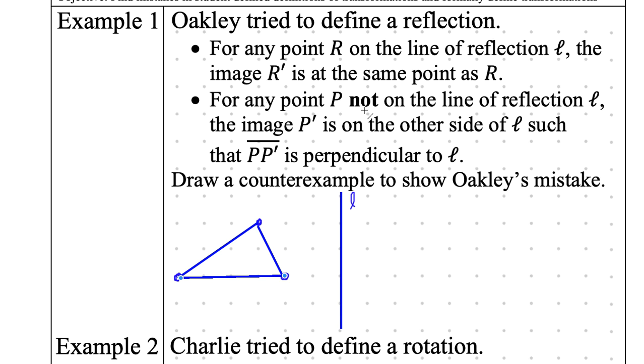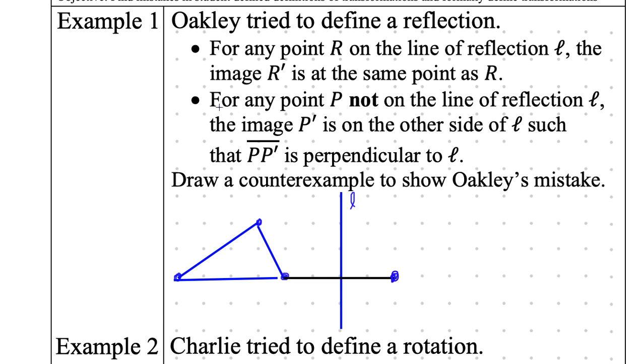So it's going to go through the line of reflection and be perpendicular. So if I have another line, let's go like this. For example, this point is going to be perpendicular, and it's going to be reflected over here, right? Well, isn't that a reflection still?